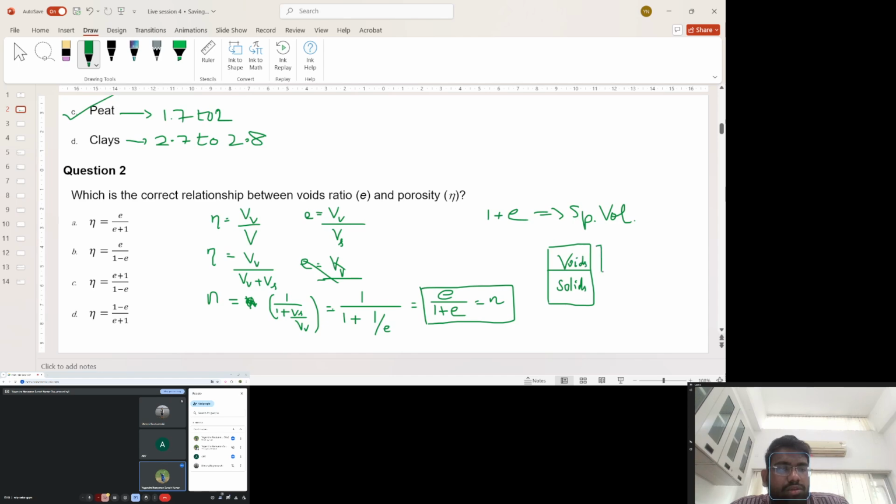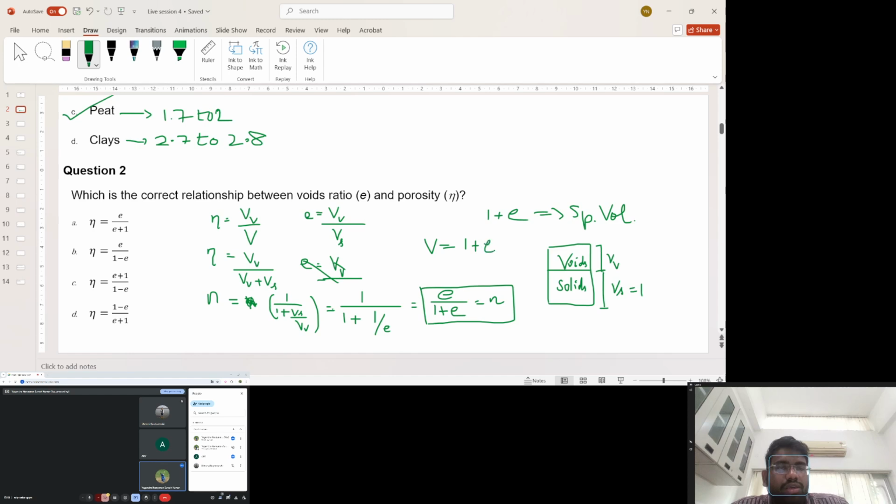Its volume is Vv and its volume is Vs. Now let Vs be equal to 1. In that case, the total volume will be 1 plus, what will be the volume of voids in this case?